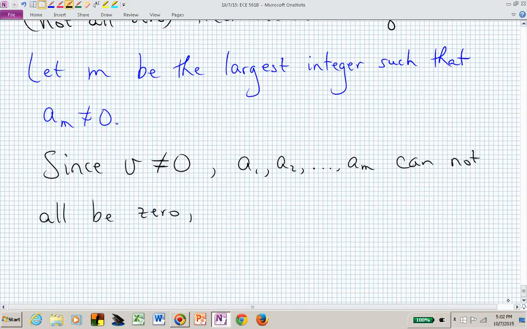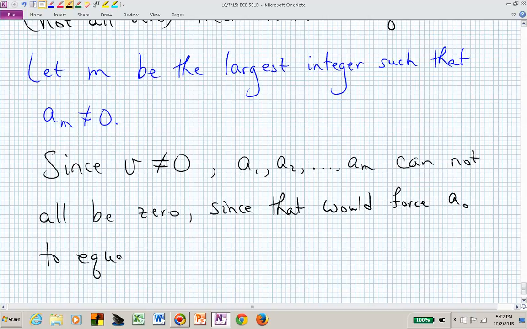A1 through a sub m cannot all be 0 since that would force a sub 0 to equal 0.